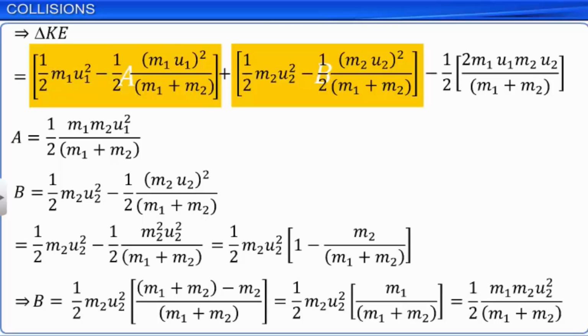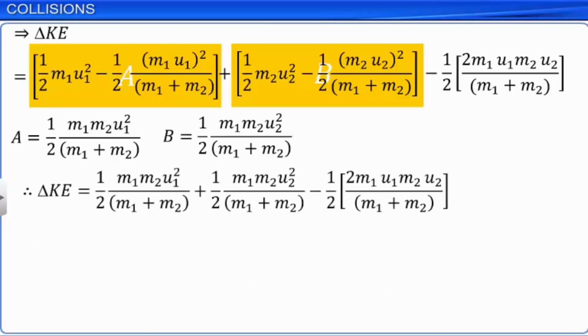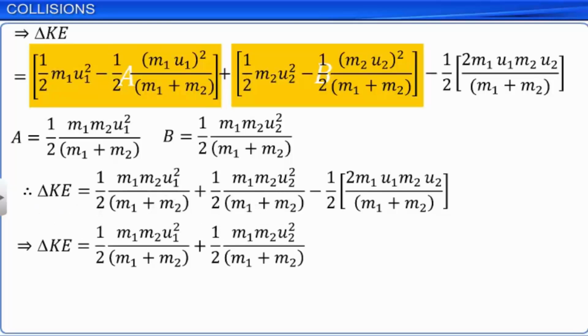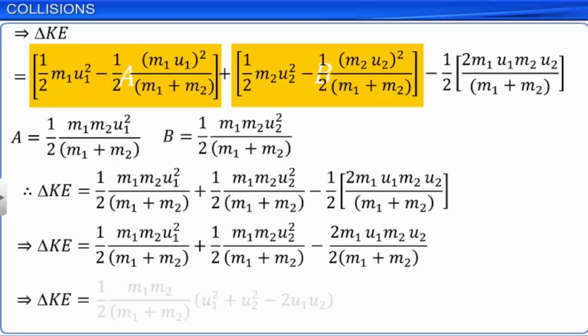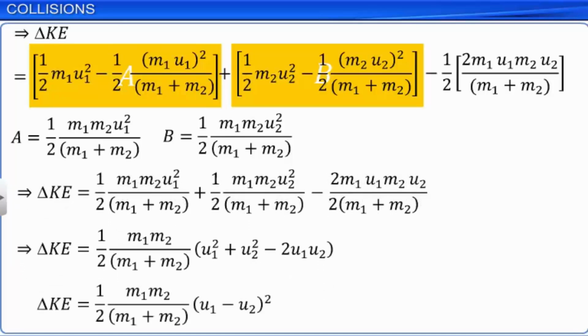Thus, the loss in kinetic energy in a completely inelastic collision is, on further simplification, half m1 m2 by m1 plus m2 into the square of u1 minus u2. Let this be equation 13.